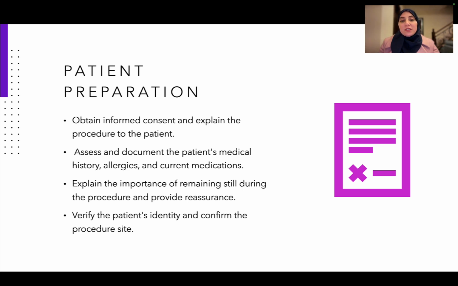So you always need to acknowledge the patient's medical history, allergies, and his current medications. For example, sometimes patients are on anticoagulant that we need to hold before the procedure, and different drugs need different time to be out of the system. For example, 1 day, 12 hours, and so on.